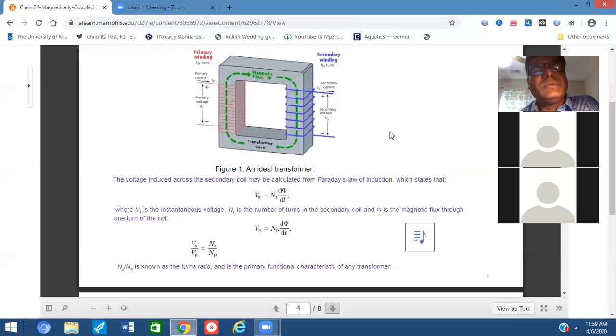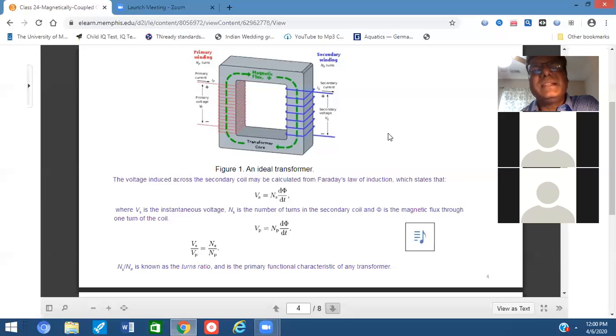Once you apply the voltage Vp on the primary coil, the primary current Ip flows through the coil. Now inside the core material, the green colored dotted line, I have written magnetic flux phi on top. Because of the application of voltage or current on the primary coil, the green colored magnetic flux is produced.